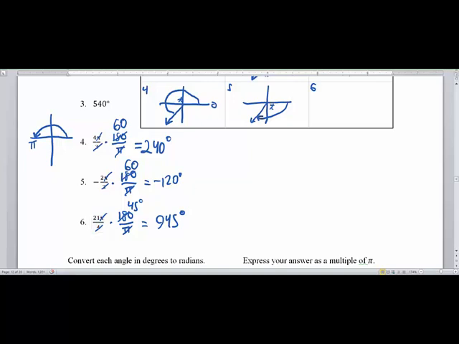So now that we have 945 degrees, it makes me think, well, how many circles are actually in 945 degrees? So what you should do is divide the 945 by 360, and you see it's a decimal of 2 point something. What's important about that is it means that 2 full unit circles will fit inside of the 945 degrees.